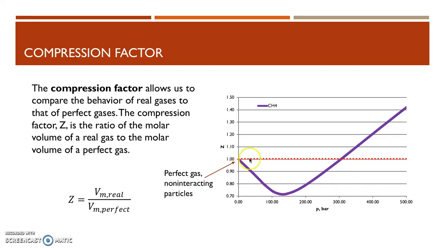As you start to bring them together by increasing the pressure, those intermolecular attractive forces are going to bring the particles closer to each other than the perfect gas law would predict. So we're going to have a compression factor that's less than 1.